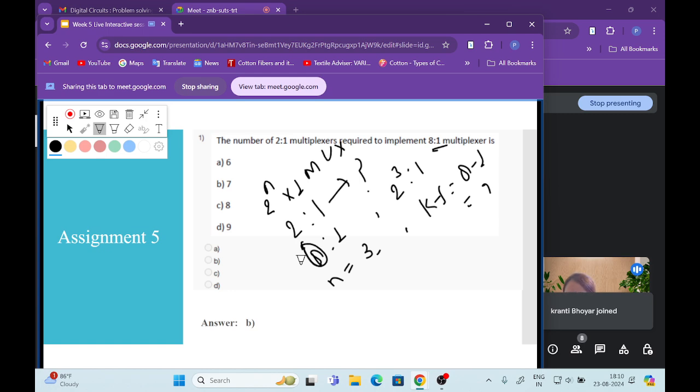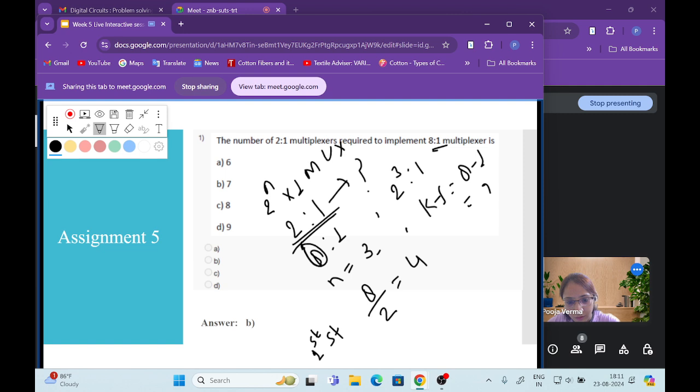we need to find out at the first stage how many mux are required. That means 8 divided by 2, so at the first stage we require 4.